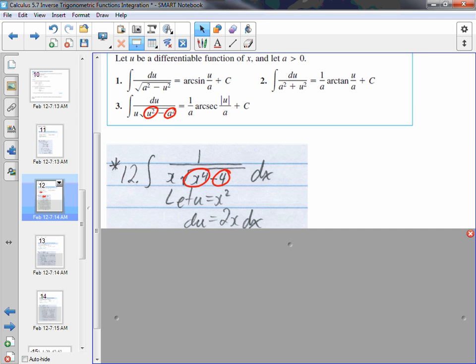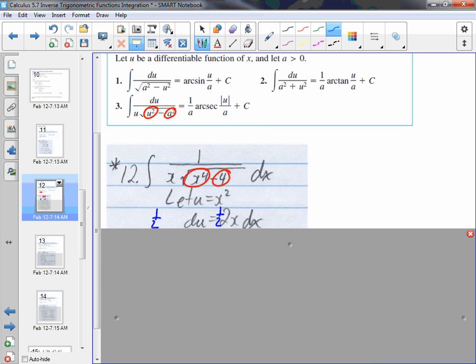I must say I'm a little disappointed by that. What I wanted it to equal was 1 over x dx. Okay, that would have been nice, wouldn't it? But it doesn't. How do I make it equal that? All right. Let's go in stages. I need to multiply both sides by 1/2.